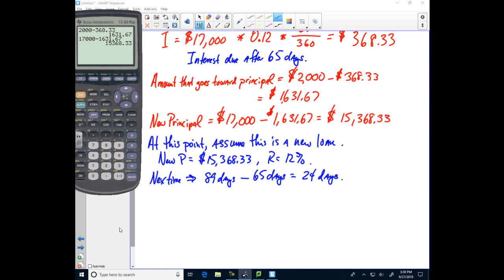Okay, so let's do that. Interest equals PRT. The principal is now $15,368.33. R is still 0.12. The new time here is 24 over 360.